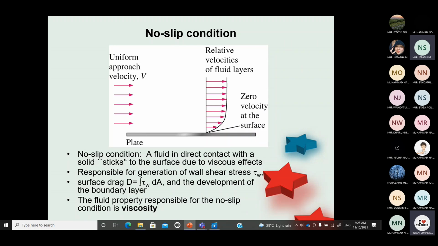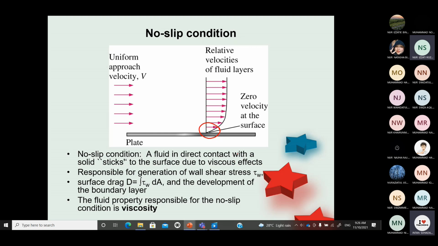So this one is a no slip condition. Actually this one just wants to focus on the bottom, where your fluid touches your plate. No slip condition means a fluid in direct contact with a solid, so this one the solid, the plate, sticks to the surface due to viscous effect.